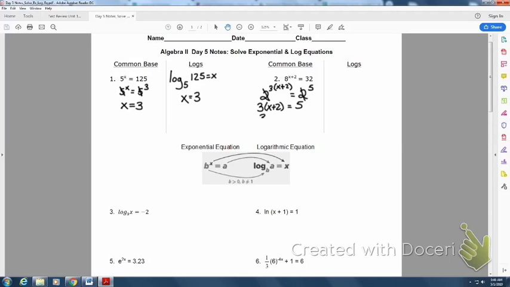So I would distribute my 3 first. Subtract 1. Divide by 3.